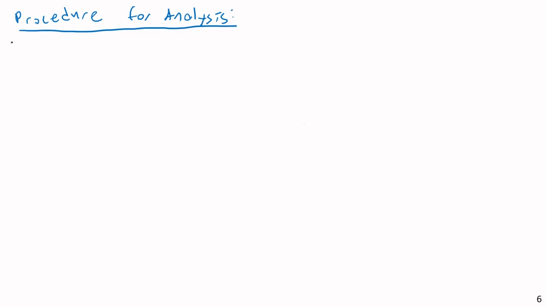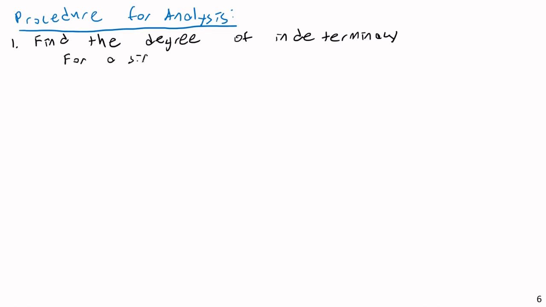So the first thing I'm going to do is find the degree of indeterminacy. Typically, at least for beams, for a single rigid body like a beam, the degree of indeterminacy equals the number of reaction forces minus 3.